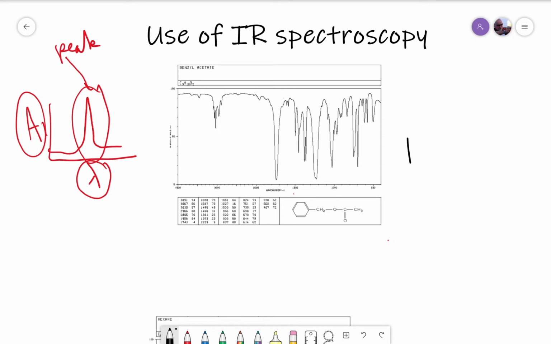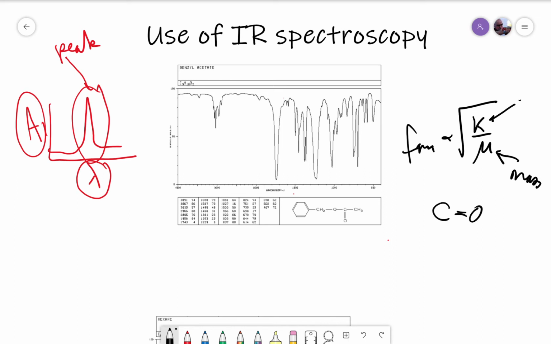Remember that we said that the frequency is dependent upon the mass of the two atoms involved and the spring strength. That means that a C double bond O will have a different frequency than a C single bond O, and that gives us structural specificity.